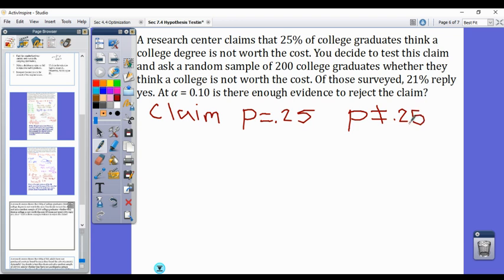Okay, so in this case, my null hypothesis is my claim, and my alternative hypothesis is not equal to 0.25. Okay, so in this case, this is going to be a two-tailed test since I have an equal sign. All right, so two-tailed test at the 10% significance level gives me a Z of plus or minus 1.645.